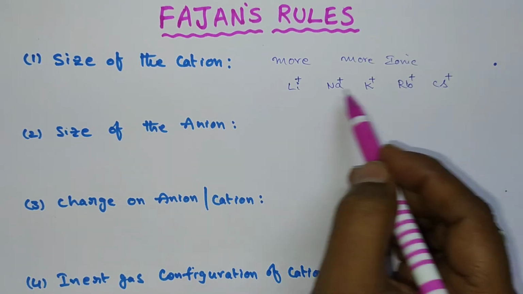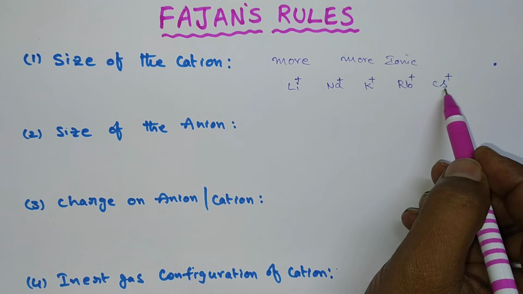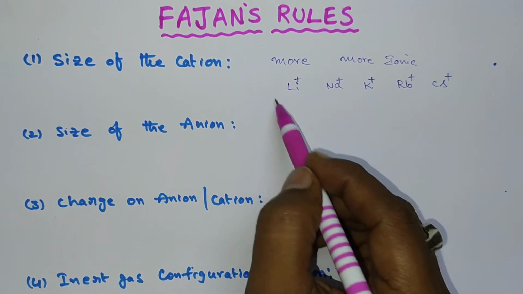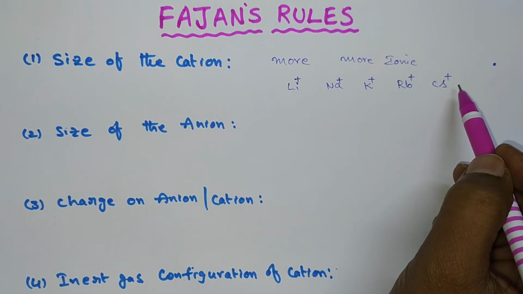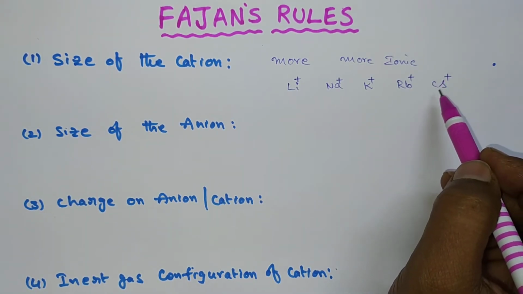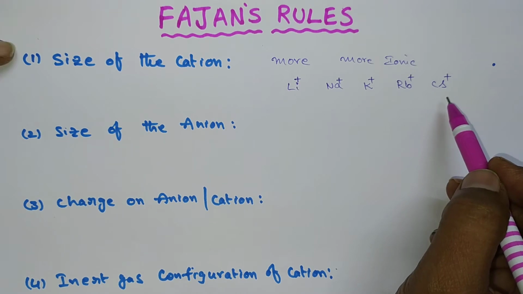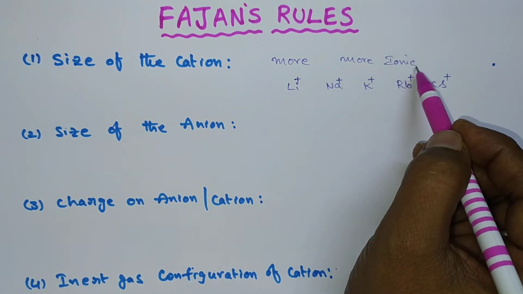Along a group from top to bottom, the ionic radii gradually increases. That means the size of the lithium cation is less, whereas the size of the cesium cation is more. As the ionic radii increases, that is, the size of the cation increases, the ionic character goes on increasing.